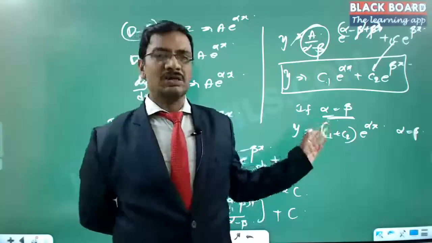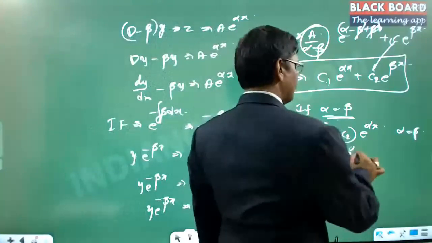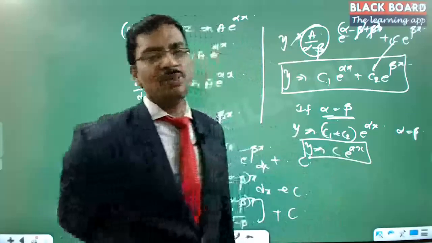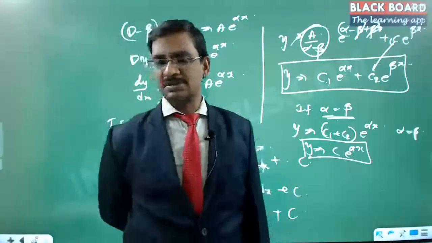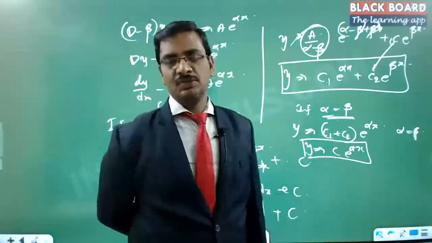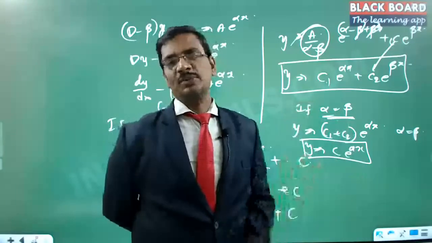We cannot call this the solution because this can be replaced with another arbitrary constant. But we are trying to solve a second order differential equation. Obviously, we are expecting two arbitrary constants. So, c1 plus c2 will become only one arbitrary constant c. That is the reason we cannot call this the solution in case alpha equal to beta.